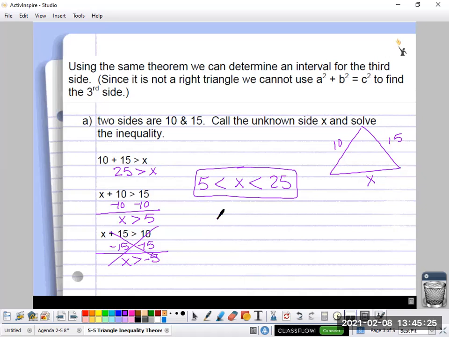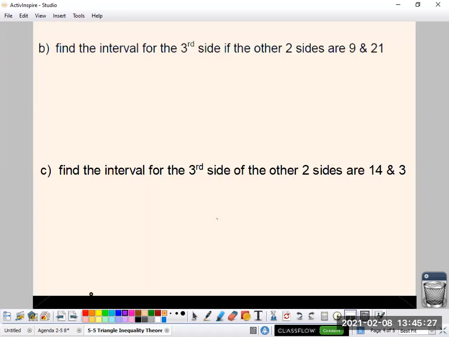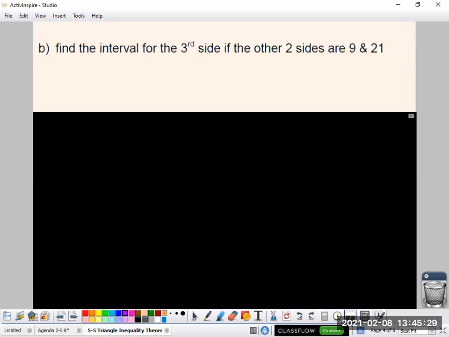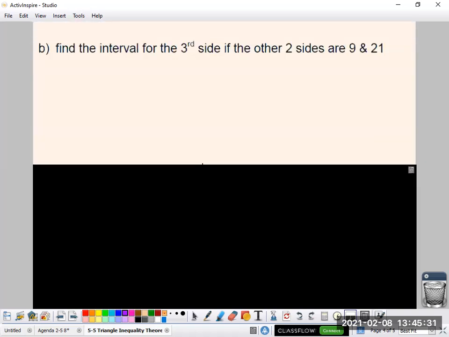So let's try a couple more. We're going to find the interval for the third side if the other two sides are 9 and 12. So set up your three inequalities. 9 plus 12 is greater than x. 9 plus x is greater than 12.